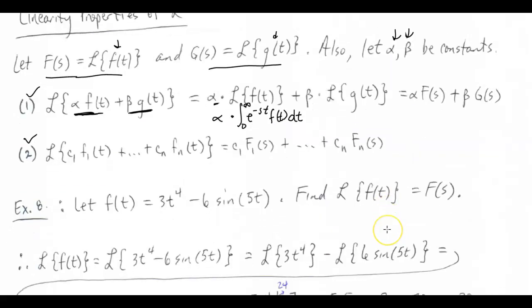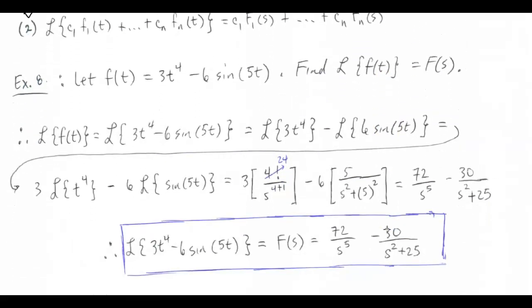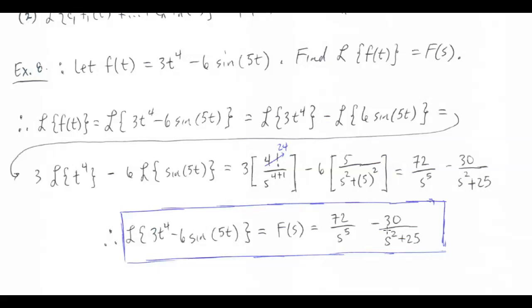Okay, so if we look at example 8, we'll see an example of how this works. So we have a Laplace transform of a constant multiple of t raised to the 4, and we have a Laplace transform of the function sine of 5t times a constant of -6.